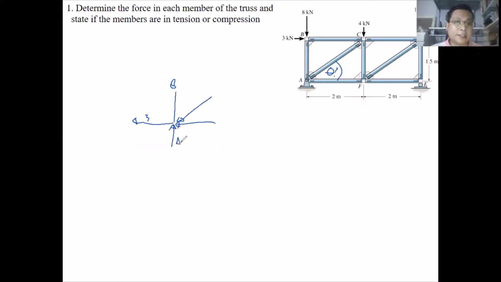This one is F, and F with the A, yes, this one C, F acting in the C with the A at a certain angle theta.